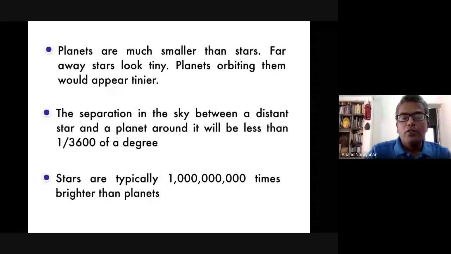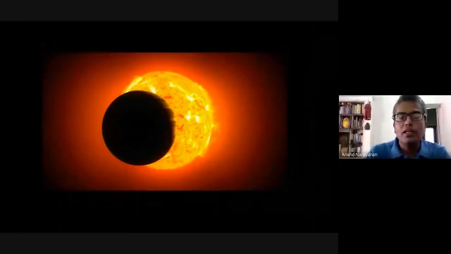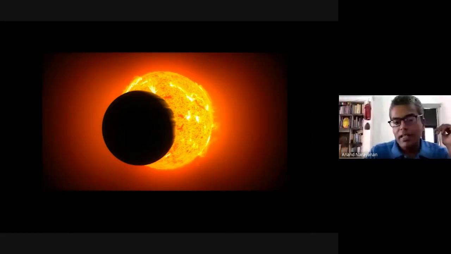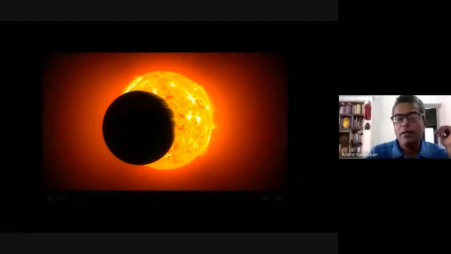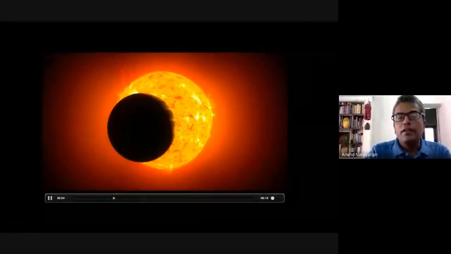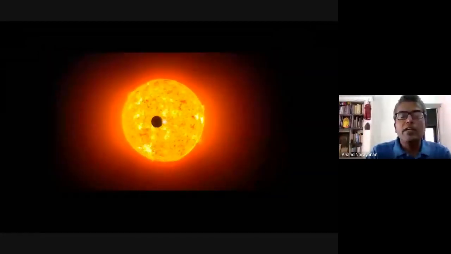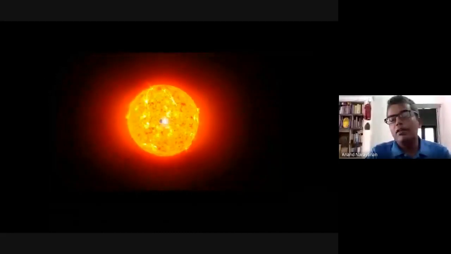Okay. So all that I summed up is shown in this small animation. Okay, this is an animation. Consider this as a star and this as a planet that's orbiting that star. Such a system is going to be at light years of distance from us.